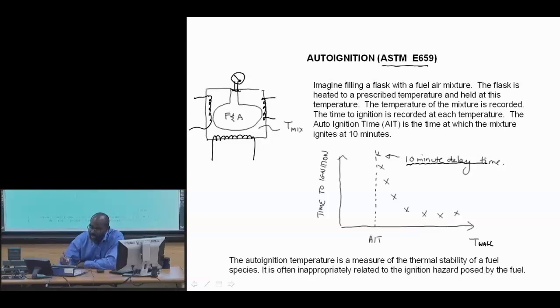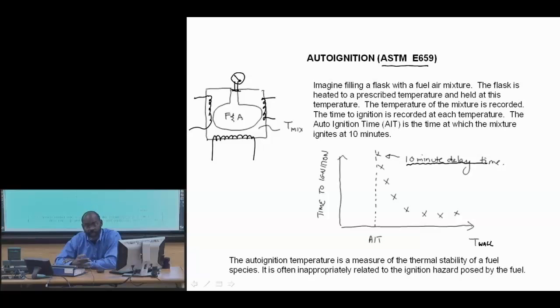The temperature at which that occurs is considered to be representative of this autoignition temperature. And as I said, it's perhaps more an indication of the thermal stability, and oftentimes the relatively low temperature thermal stability, of a fuel as compared to really something that specifies the ignition hazard posed by that particular fuel.